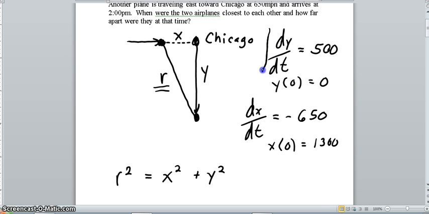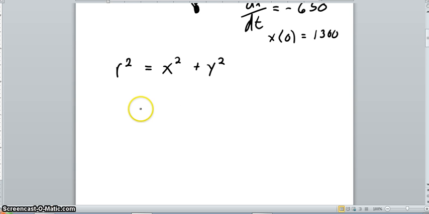So we can really easily get y in terms of t if we just integrate both sides with respect to t. Take the integral with respect to time on both sides.